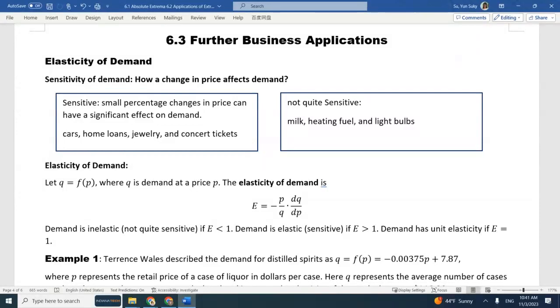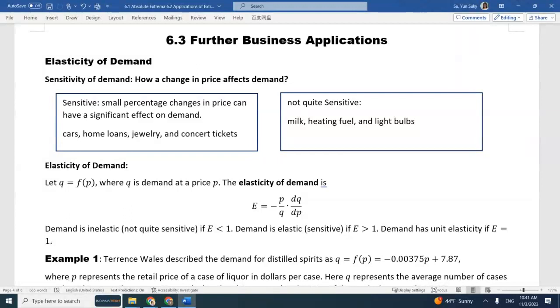But sometimes some products are very sensitive. So small percentage changes in price can have a significant effect on the demand. For example, cars, home loans, jewelry, and concert tickets, right? A small percentage change really affects the demand.